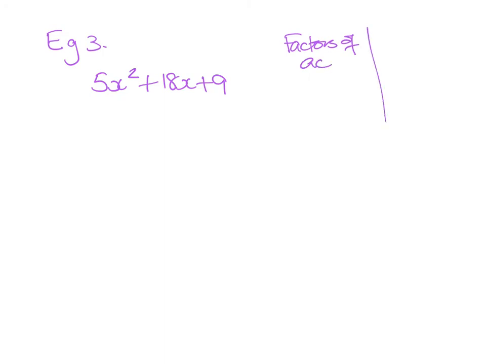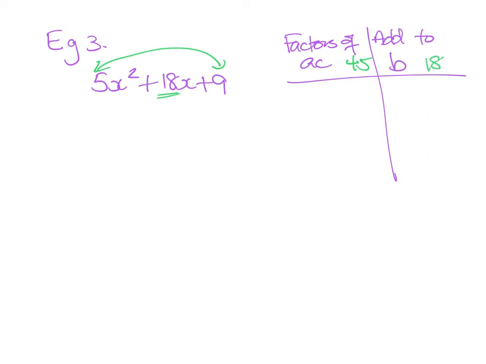Example 3. 5x squared plus 18x plus 9. So we know that we're looking for factors of AC that add to B. So in this question, A by C is 5 by 9, which is 45, and B is 18.